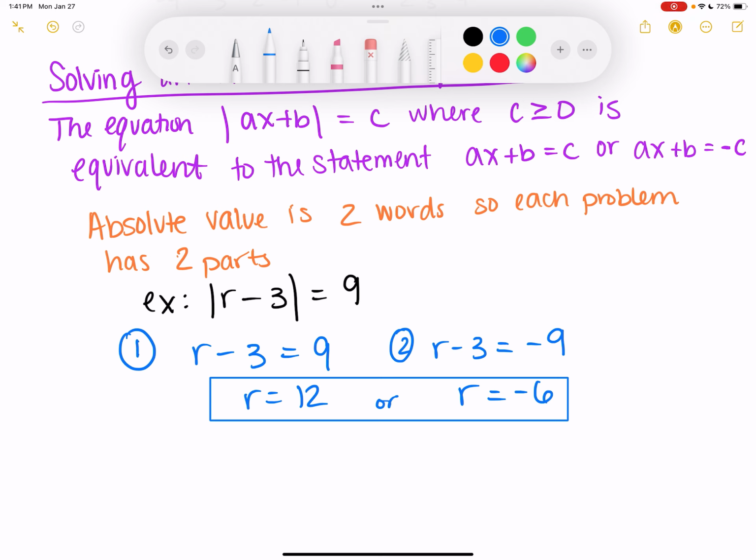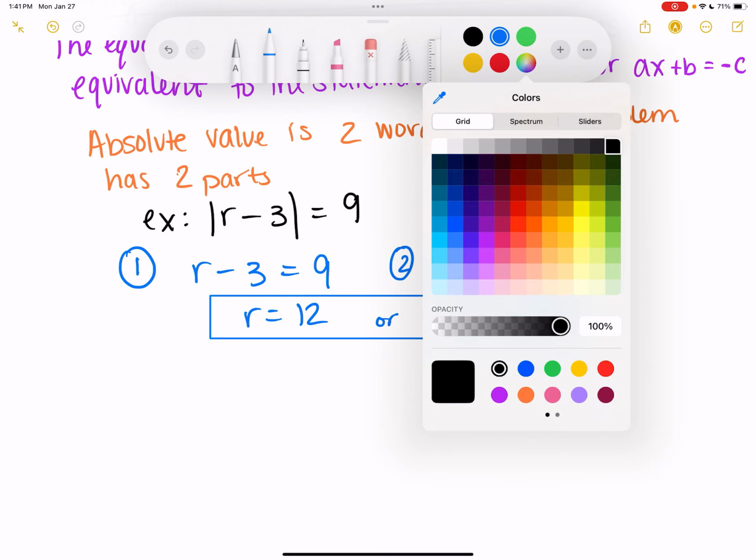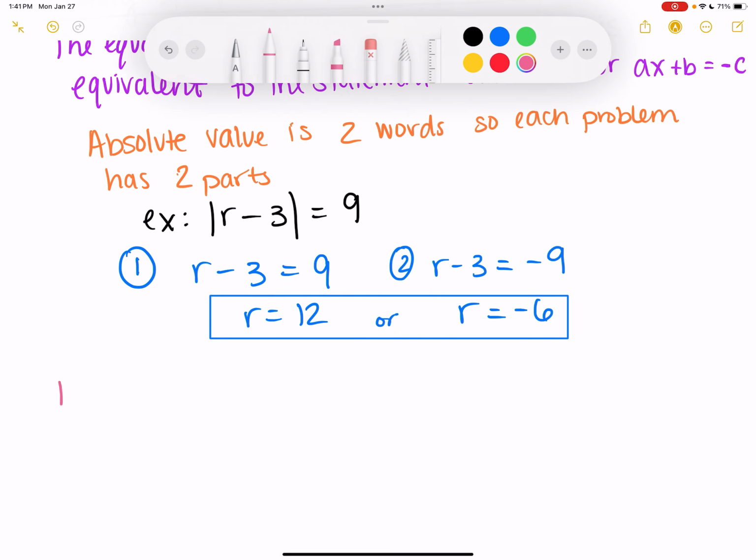All right, I'm going to write this too. Absolute value can never be negative.